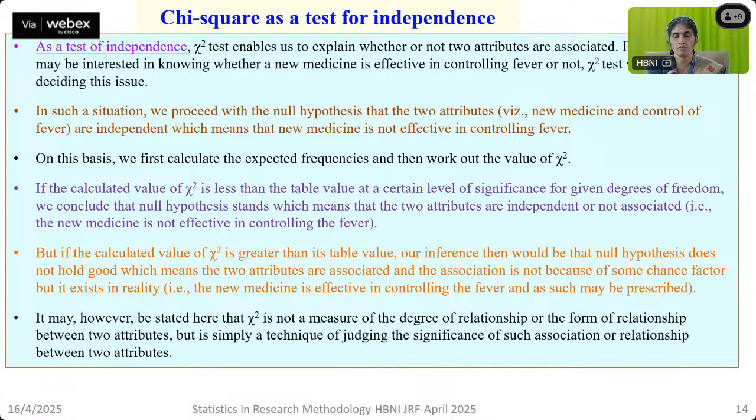They are associated: the cure of fever is associated with the presence of this ingredient in the medicine. So just by seeing the nature of the chi-square curve, we can come to the conclusion. These are all valid when we have a large number of data points.